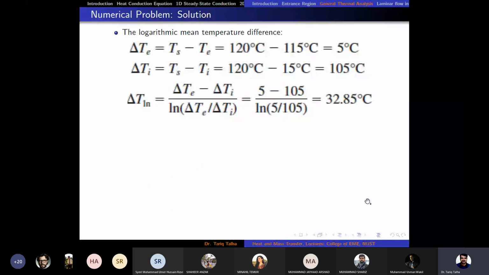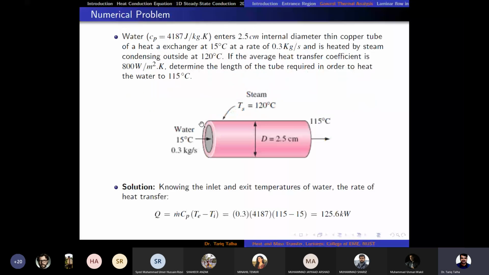So it means that we need 61 meter pipe length in order to raise the temperature from 15 to 115 degrees centigrade. And you can obviously see that we cannot have that 61 meter length by a straight pipe.